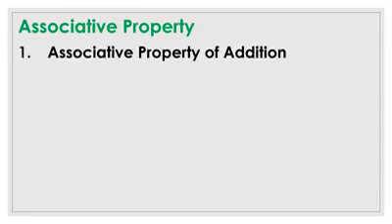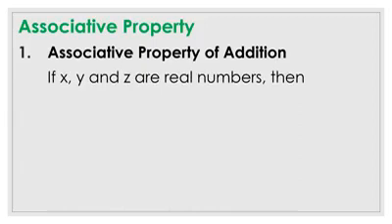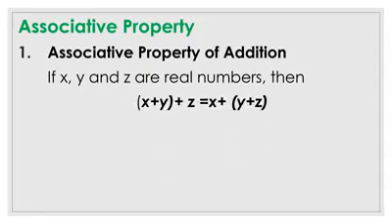The next property is the associative property. We have the associative property of addition that states that if x, y, and z are real numbers, then the quantity x plus y, plus z equals x plus the quantity y plus z.